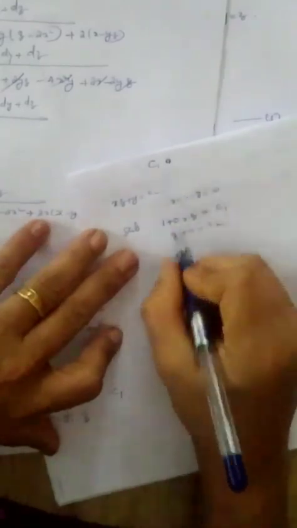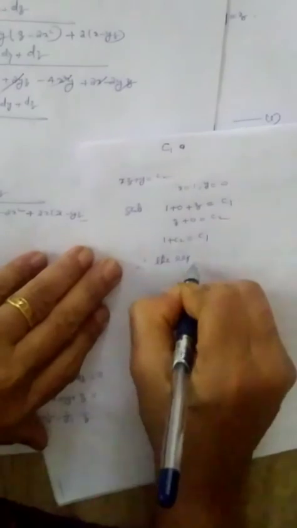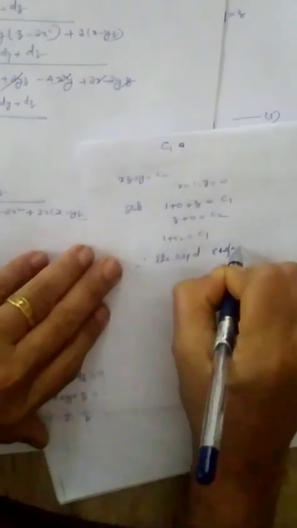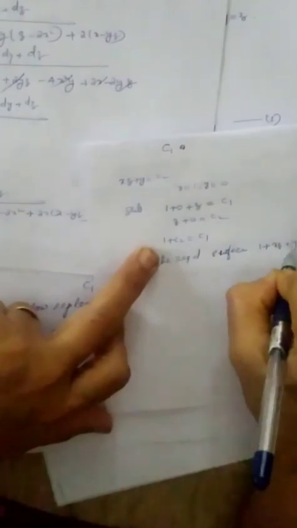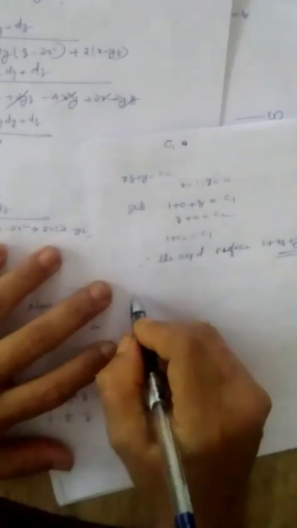So eliminating z between these, we have 1 plus c2 equal to c1. Therefore, the required integral surface is 1 plus c2, c2 means xz plus y, equal to c1 means x square plus y square plus z. So in this way, we can find the integral surface through a given curve. So we can do some homework questions.